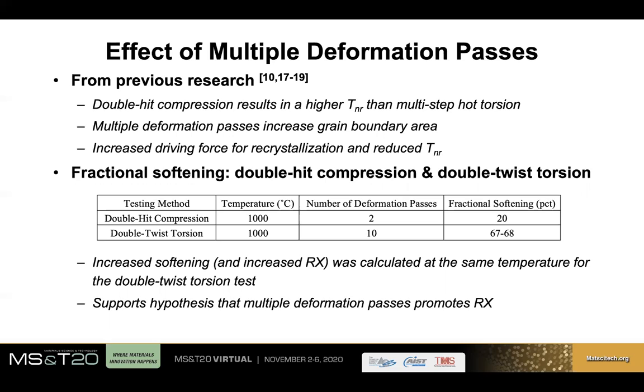And so we see that increased softening, and we can infer then increased recrystallization, was calculated at the same temperature for the double twist torsion test in comparison to the double hit compression test. And this supports the hypothesis that multiple deformation passes ultimately promote recrystallization, and this appears then to be a valid explanation for why we consistently see double hit compression testing resulting in higher TNR values than multi-step hot torsion.